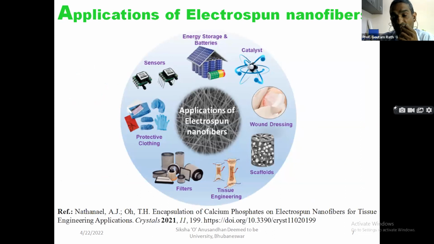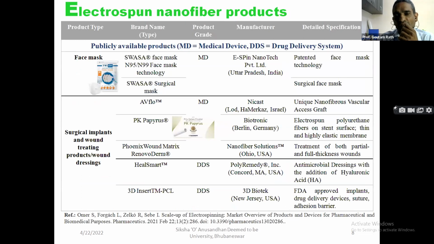These are some of the applications of nanofiber. It is already discussed, and there are a number of products available on nanofibers today. I just want to highlight the first one.